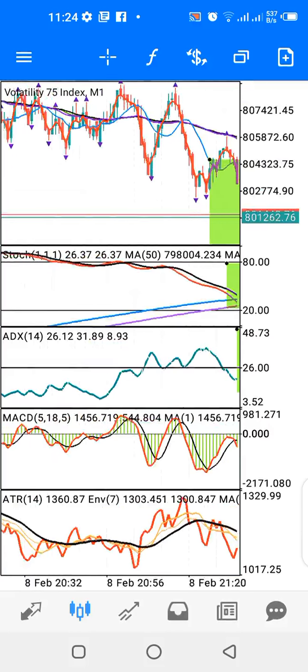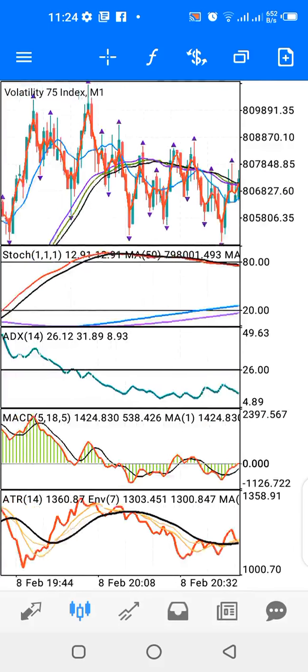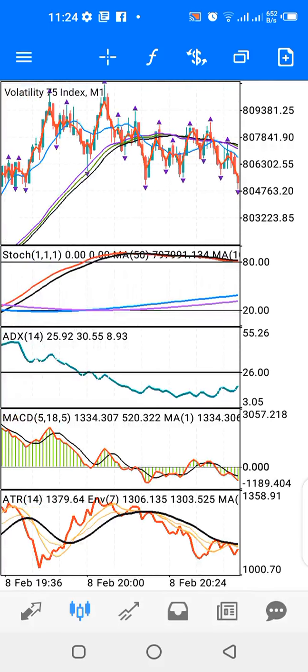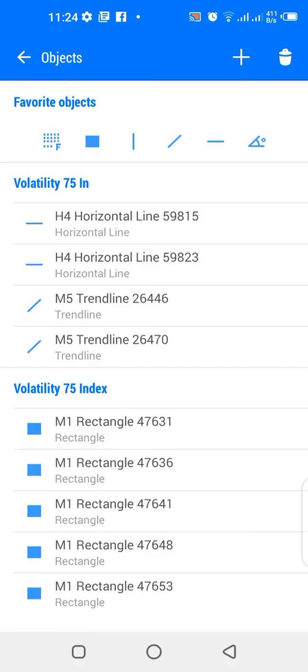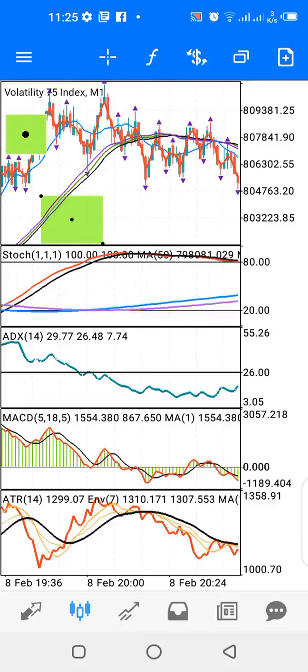Now, how does the strategy work? On the main window, of course this is my main window, when the red and the blue lines cross down on the green, black and purple lines, you have your sell.